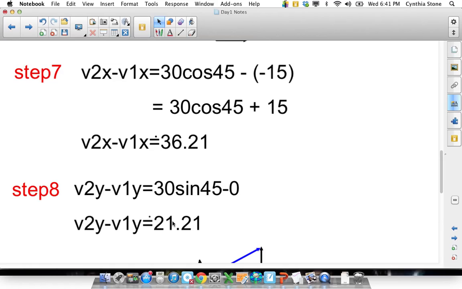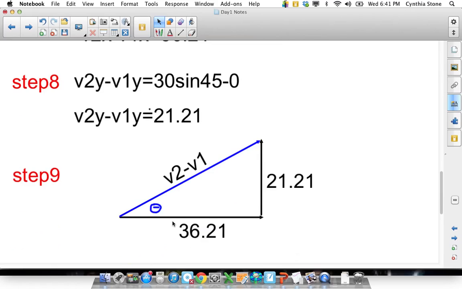Step number 9, I draw the vector. These are both positive, so they're going to be east and north. So I'll draw the x. Don't pick up your pencil, right? So here's where I start. I start drawing right here where my mouse is right now. I start coming across, draw my x, don't pick up my pencil, draw my y, and then my resultant vector, my change in vector, is from where I started drawing to where I finished, and the angle is close to where I start.